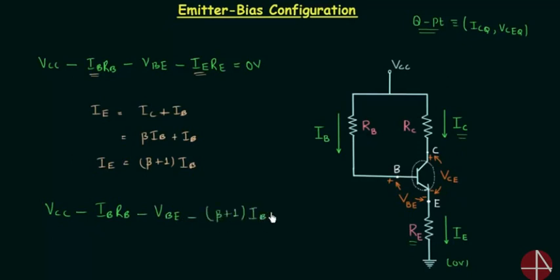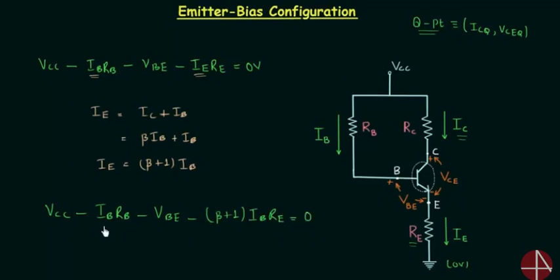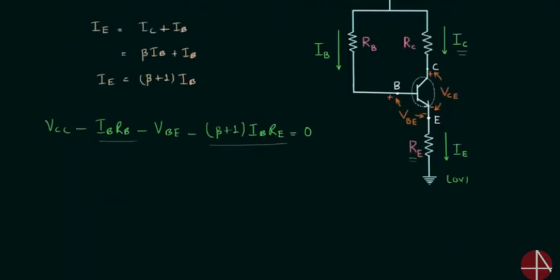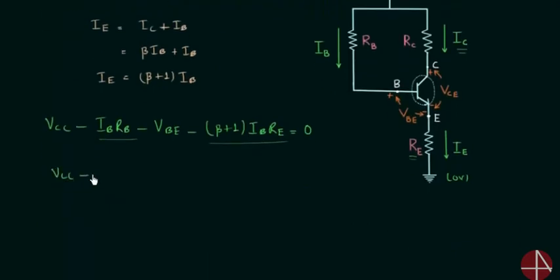So from this equation we have VCC minus IBRB minus VBE minus beta plus 1 times IBRE equal to 0, and from these two terms I will take IB common. So we have VCC minus IB, inside the bracket RB plus beta plus 1 times RE, minus VBE equal to 0.